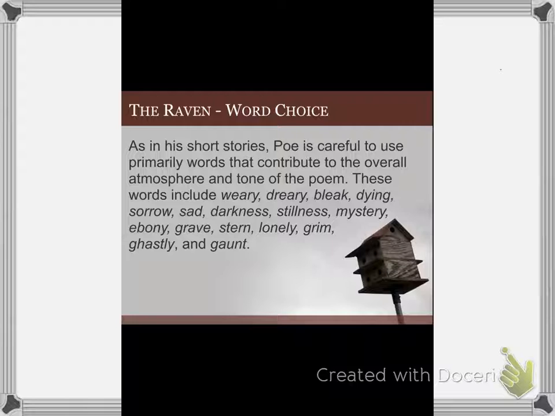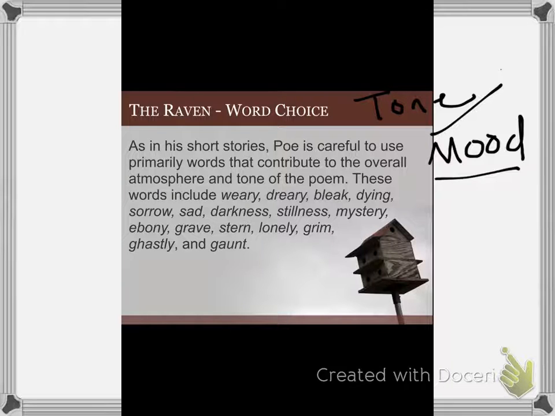Focus on the word choice. The word choice affects our tone. The words are the tone, which therefore directly creates our mood. As in his short stories, Poe is careful to use primarily words that contribute to the overall atmosphere and tone of the poem. Remember, atmosphere and mood are the same thing.